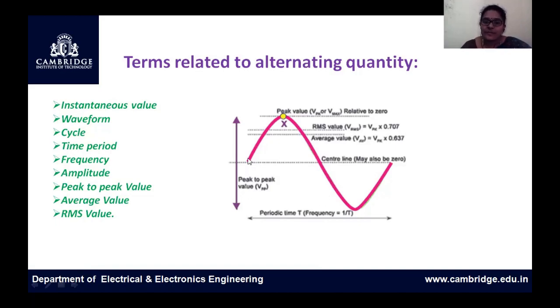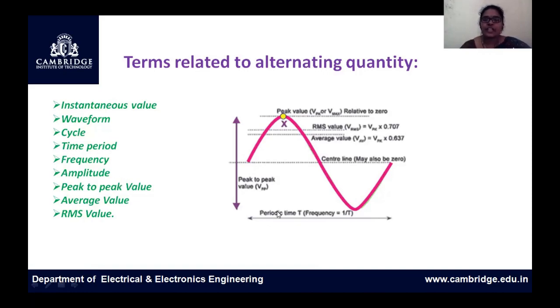You can see here, from this point the alternating quantity has started, reached its maximum value, again reduced to zero, and again increased its value in the opposite direction and become zero. This complete time taken by the alternating quantity is known as time period.